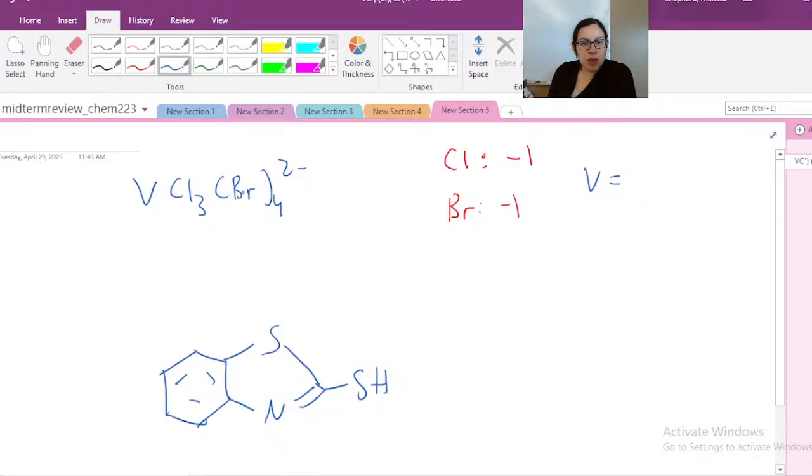Check that, because it's overall -2. Then add up -1 times 3 plus -1 times 4. It looks like we're at -7 overall for the chlorine and the bromine. So then what does vanadium have to be? So 5, so +5. Excellent.